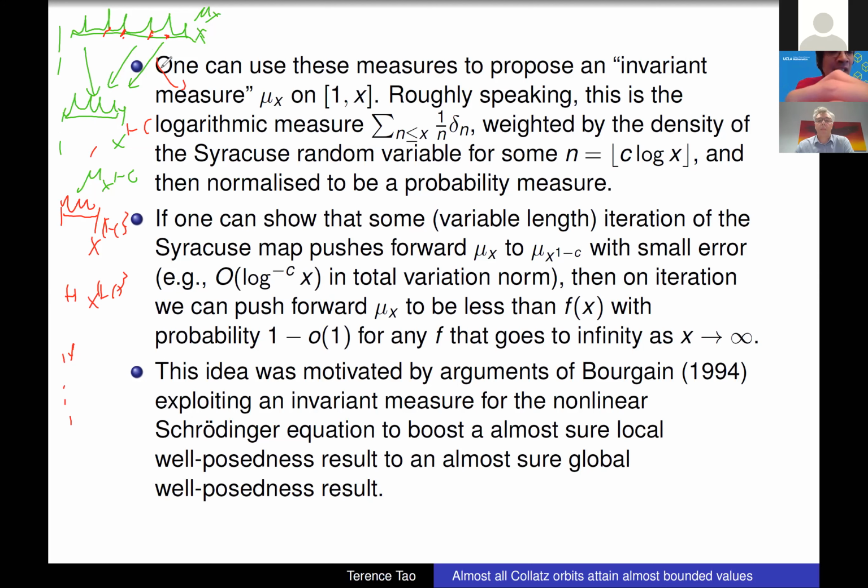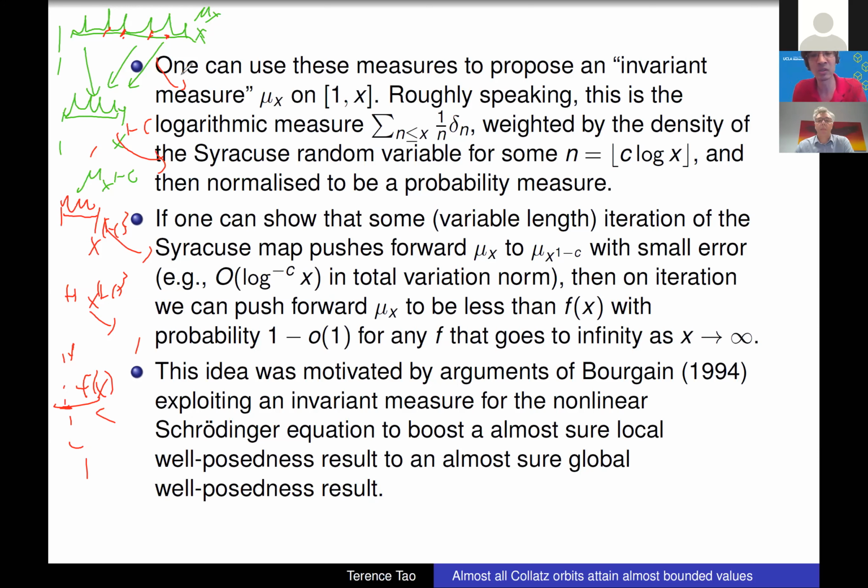There's a certain exceptional event at each stage which goes off and does something weird. But it turns out that the total sum of the exceptional events behaves like a geometric series, and as long as you cut off this iteration procedure at some cutoff, like say log x, before you go all the way down to 1, you can show that the total size of all these exceptions goes to 0 as x goes to infinity.